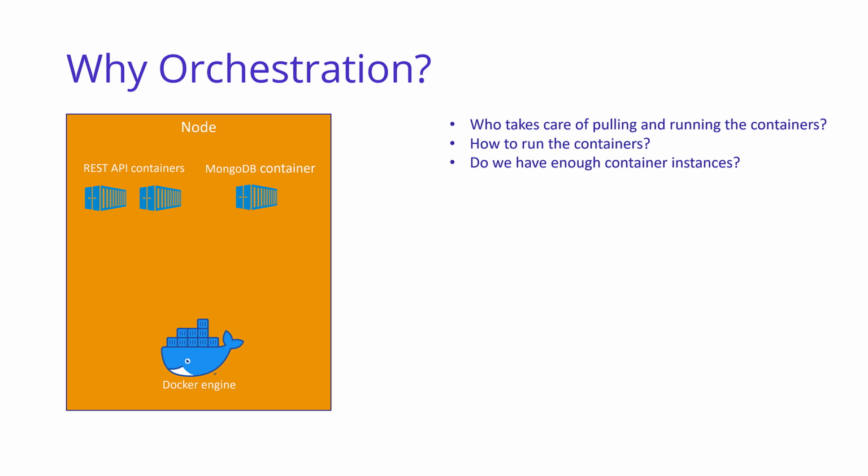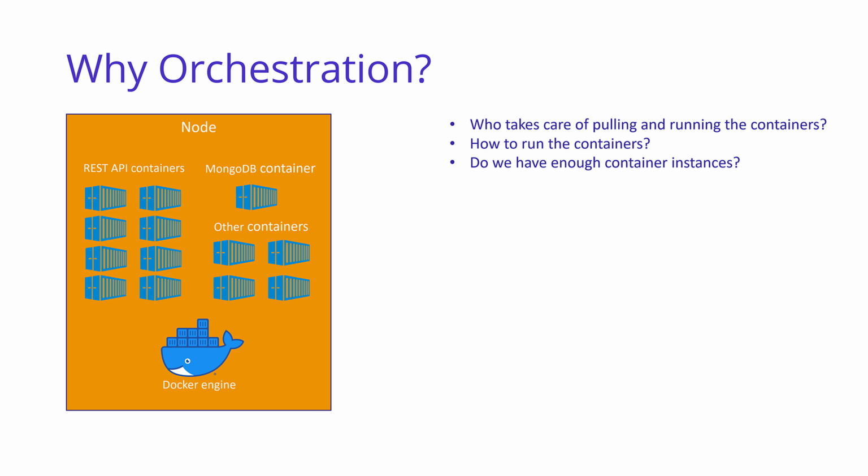And what if we don't have enough container instances? So what if we need more? Something or somebody has to start spinning up more and more instances as needed, both for our REST API containers or for any other containers that we may have in this box, right?